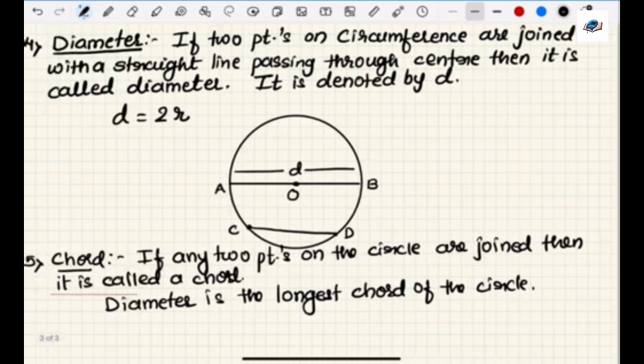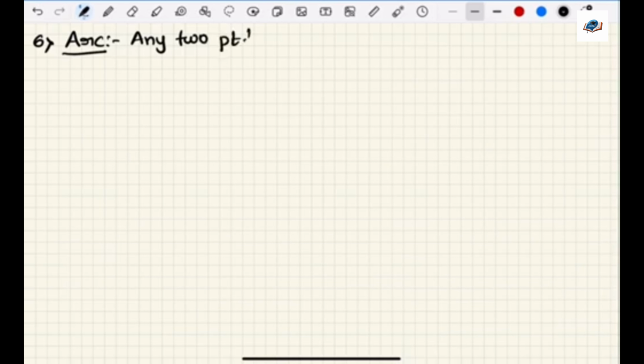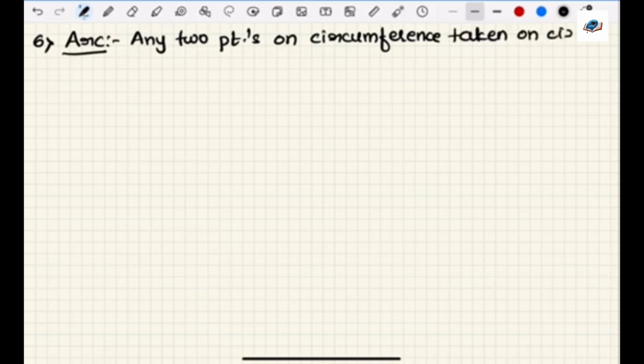Then, moving ahead, sixth point says arc. Any 2 points on circumference taken on circle is called an arc.